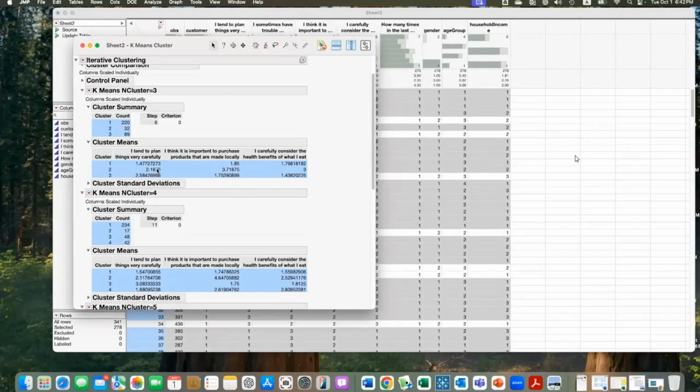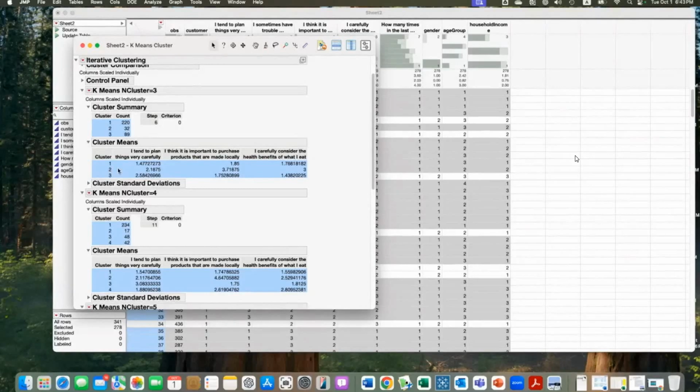For example, if I look at the second one, basically each average outperforms the others, except I tend to plan things carefully. This one is only a little bit lower than cluster 3, right? But in general, you can see this cluster outperforms others in every score.